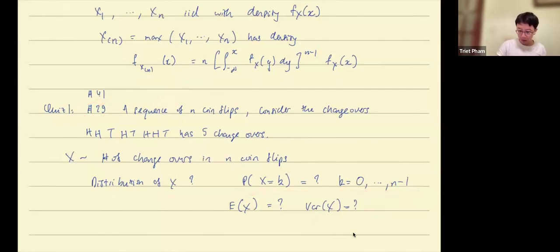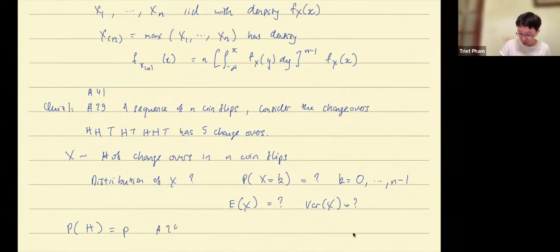But there's one more notation. For each coin flip, we assume independent coin flips, and the probability of a coin flip turning head is some letter P. In question number 29, you assume that a coin flip is fair, so P is 1/2.